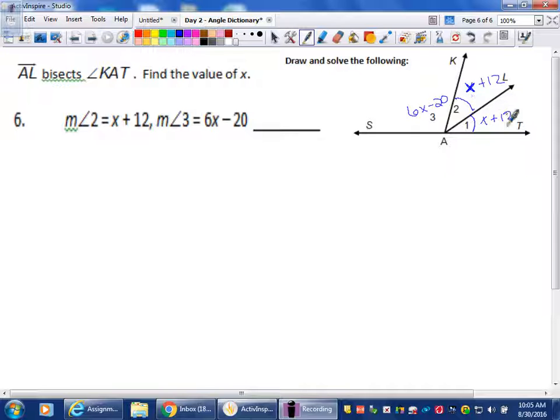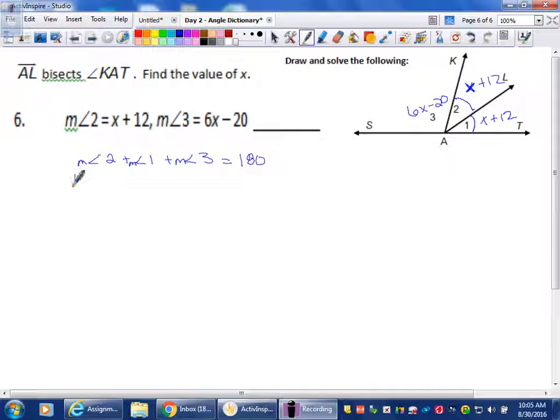Now, looking at this, all three of these angles make a straight line, so they all add up to 180. So angle 2 plus angle 1 plus angle 3, the measures of those angles, don't forget the little m in front, should equal 180.